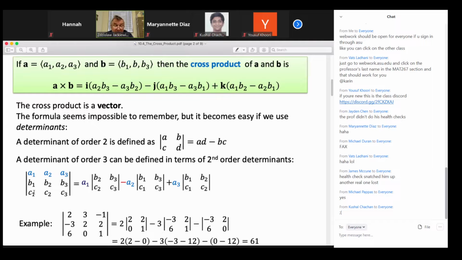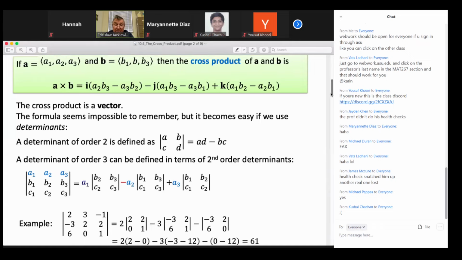So B1, B3, C1, C3. Again, this is linear algebra. And plus A3 times the determinant you get if you cross this and this, so you get B1, B2, C1, C2. So that's how you should compute those things.